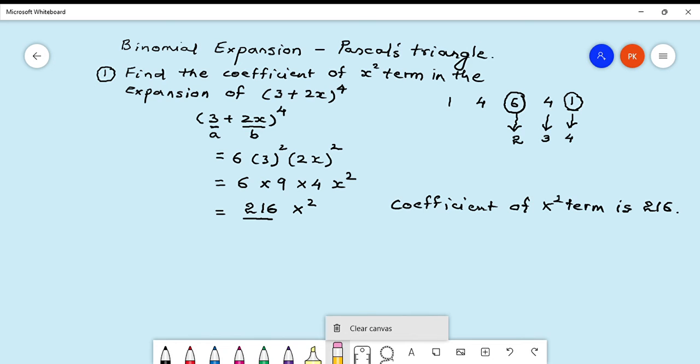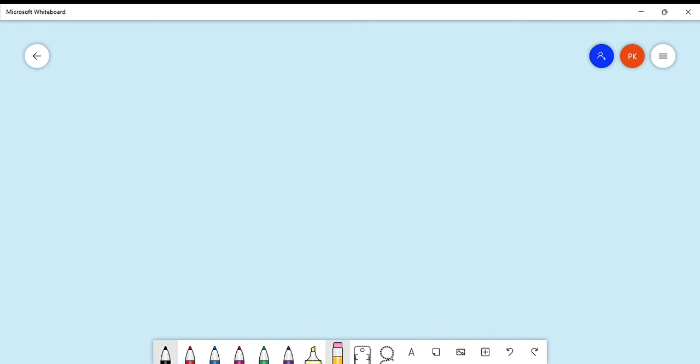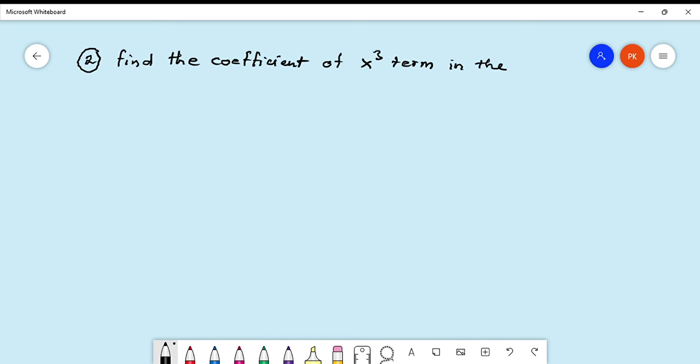Let us take the second problem. Find the coefficient of the x cube term in the expansion of (2 - 3x)^6.